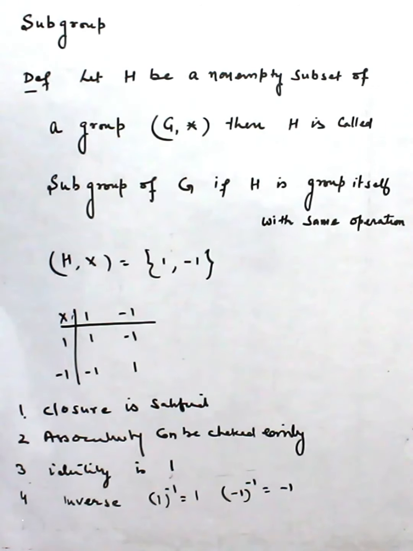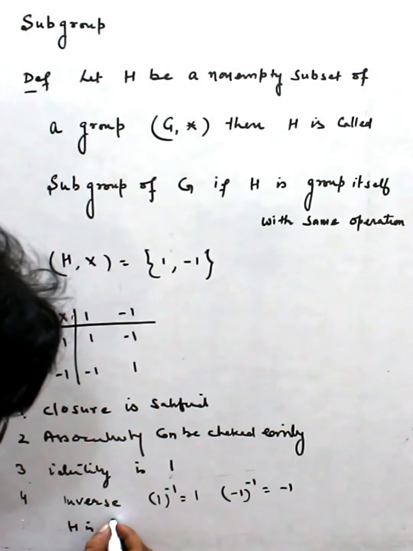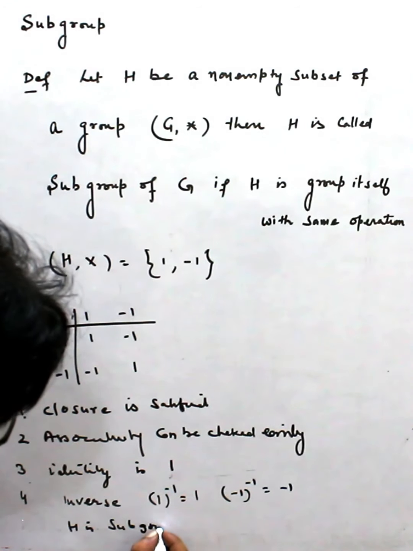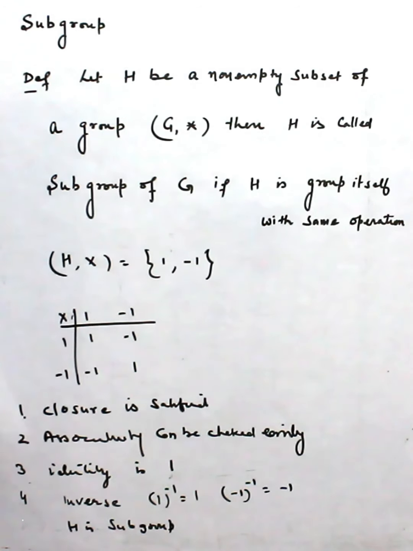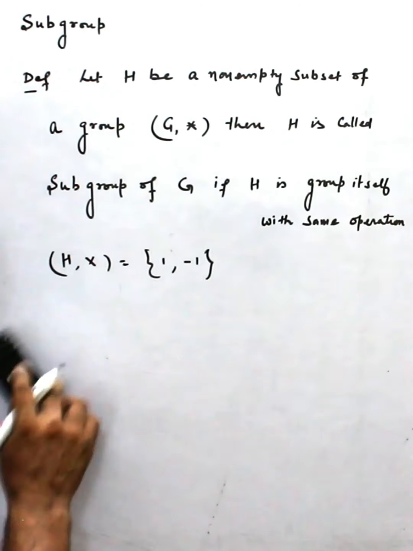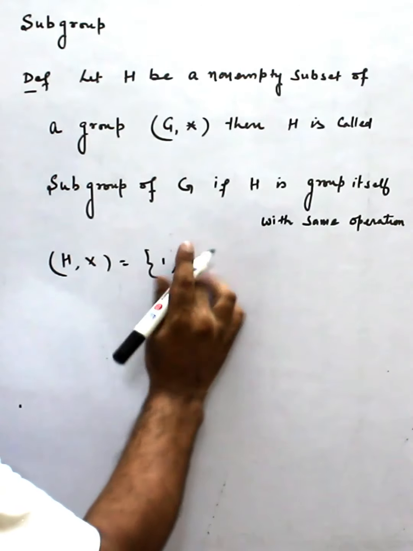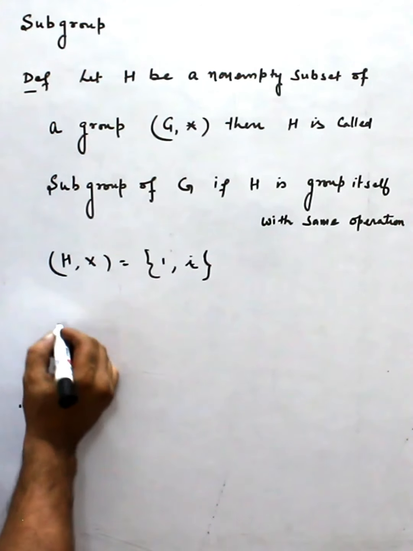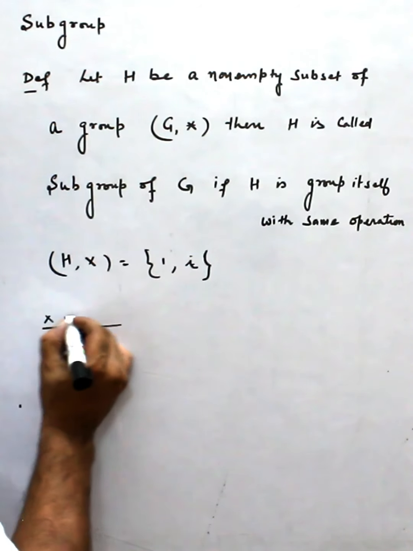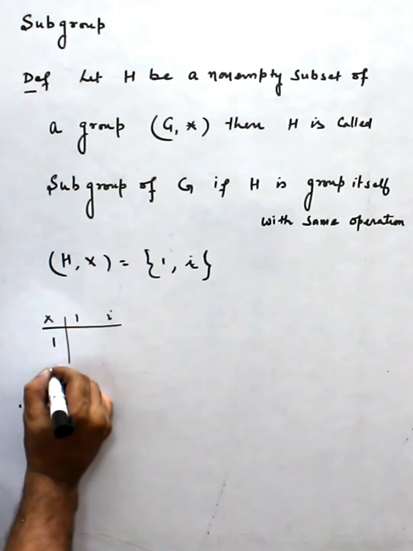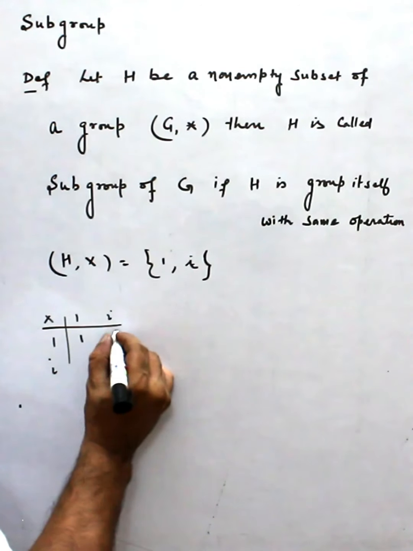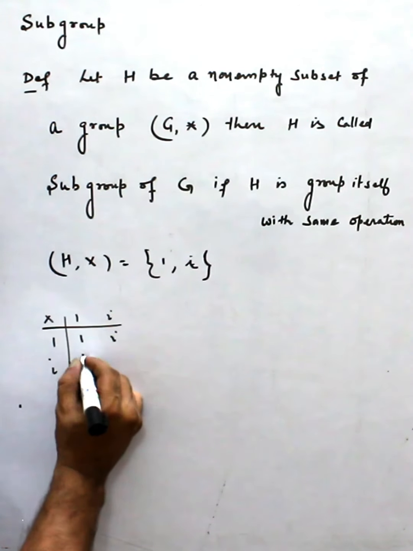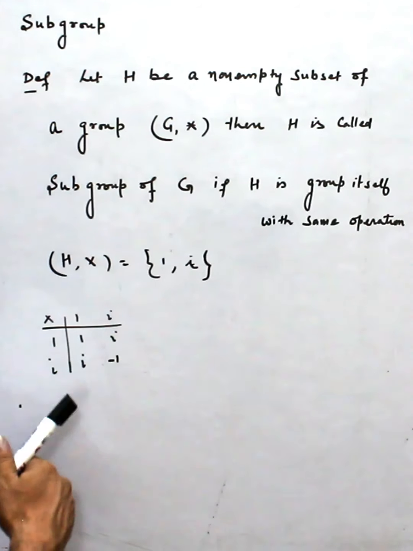Now one more question comes to my mind. I proved that here H is a subgroup. Again, if I replace this element with i, what happens? By the Cayley table, 1 and i, 1 and i. Now i is multiplied, this is i, and i times i is -1.